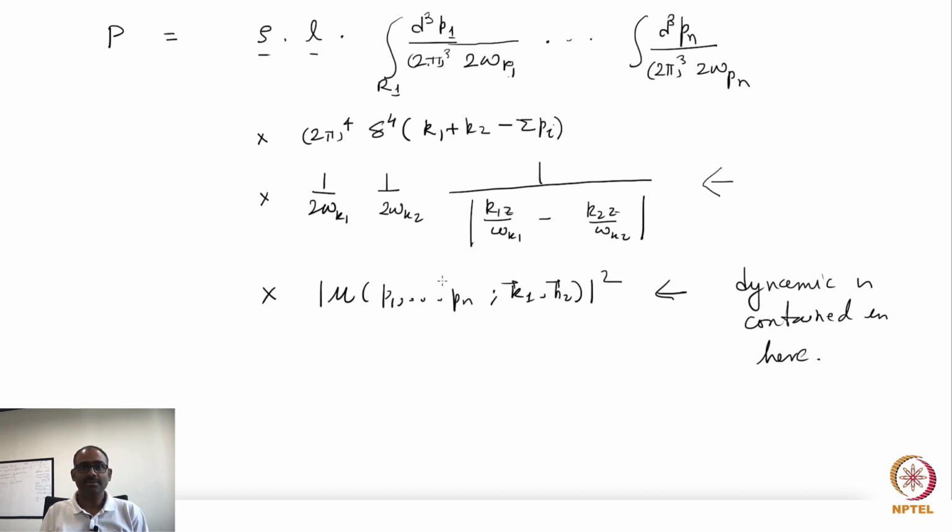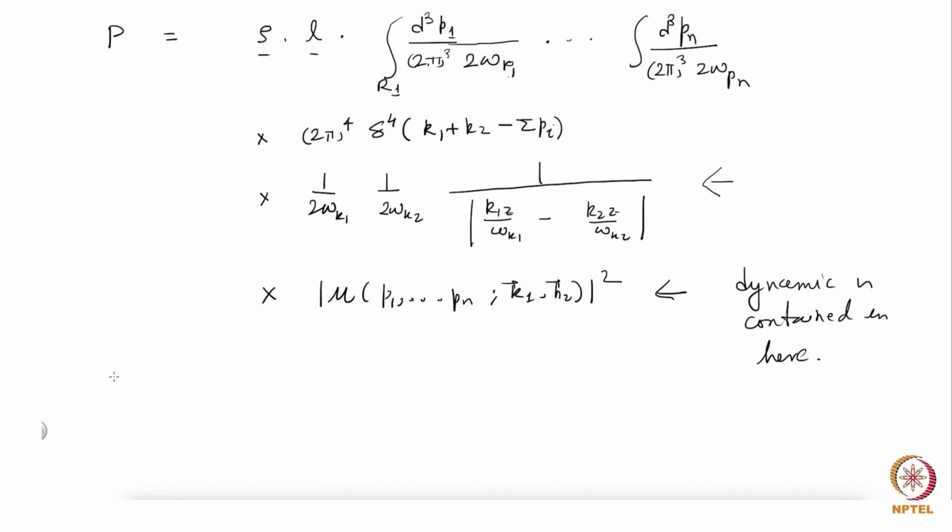I will define d sigma. It is a definition: d cube p1 to d cube pn is equal to, so I am writing down these factors now. This is basically an integral.